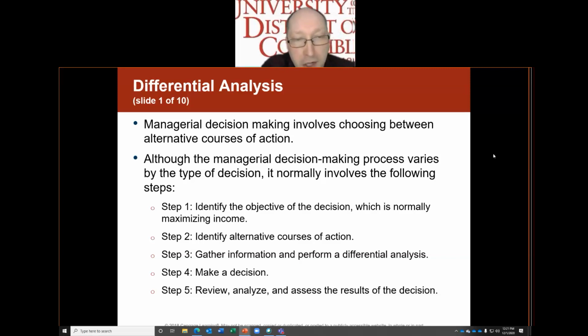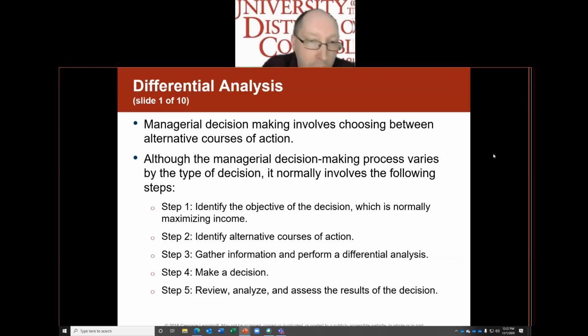It's making a decision between choice A and choice B. And oftentimes that type of decision will have a dramatic impact on the business in terms of cost, in terms of price, in terms of revenue.